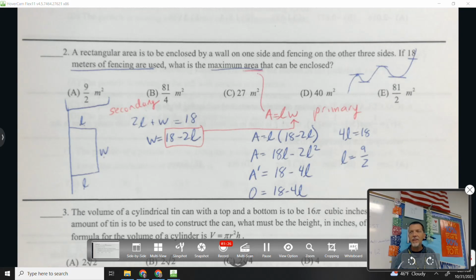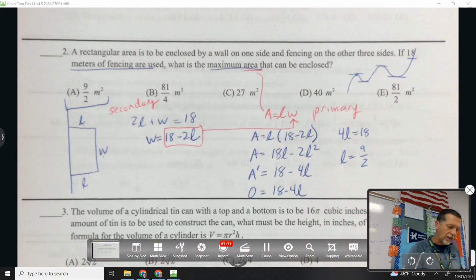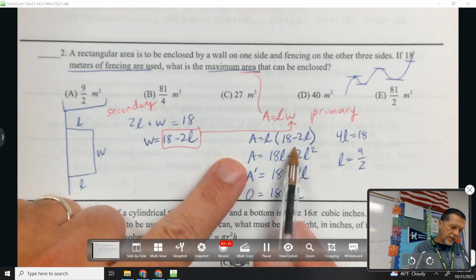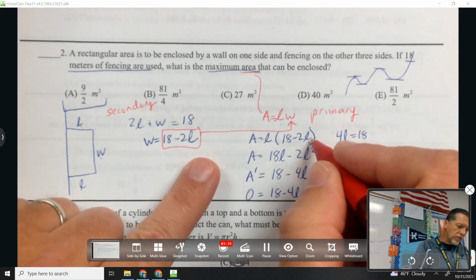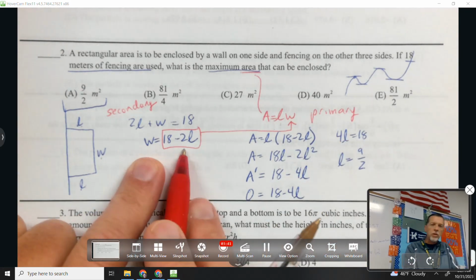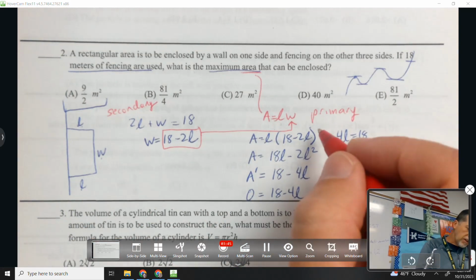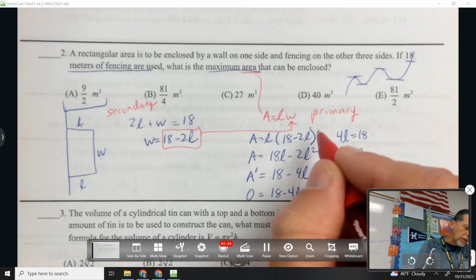Because we're looking for area. So L is 9/2, but that's not what I'm looking for. I want to find the area. Okay, so how am I going to find the area? I guess I could use an area equation. I could find W and then do L times W, but I think it would be easier to just grab one of these L equations.